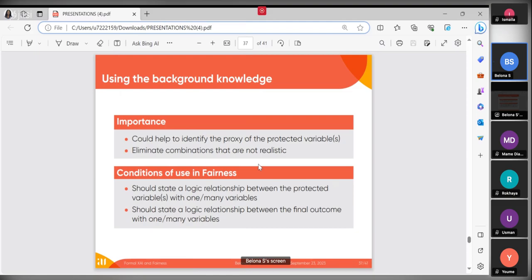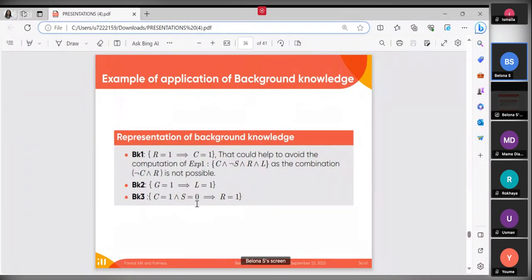For example, if you see here the background knowledge number two, it says if you have a good GPA, you will definitely have a good recommendation letter. It means that if you see an explanation where G equals 1 and the recommendation letter equals 0, this explanation is not realistic because of the background knowledge.